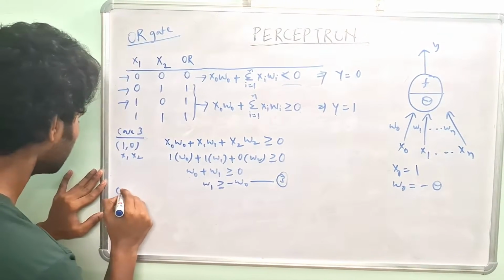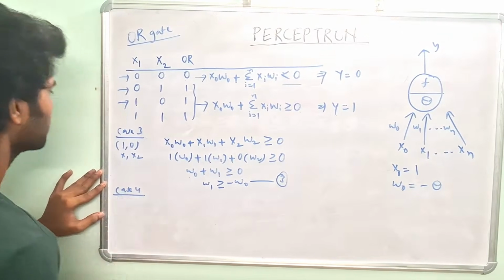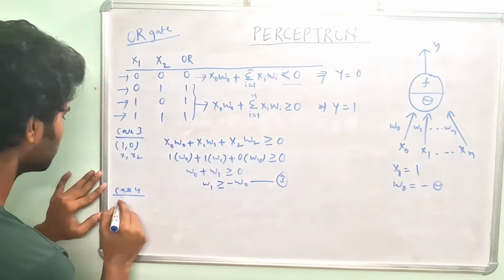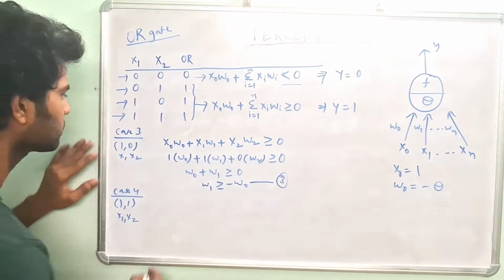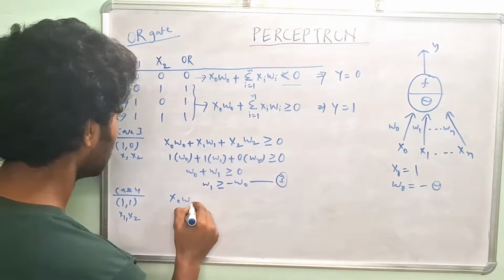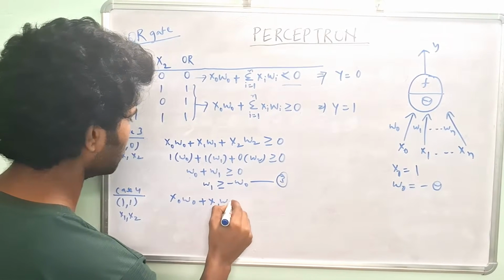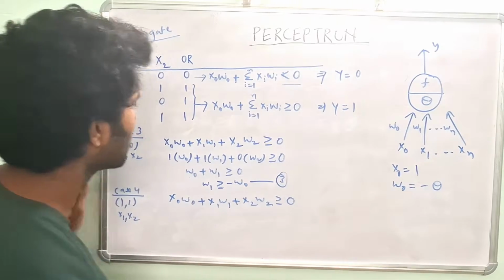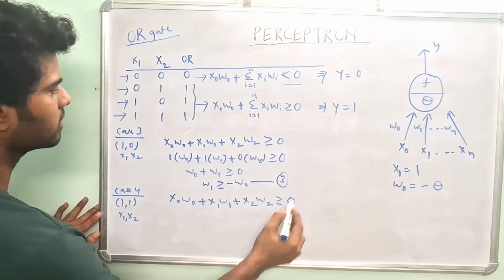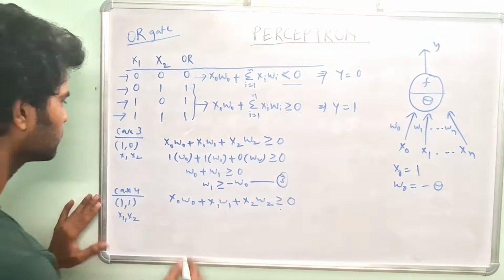Now solve case 4. In case 4 I am using this input 1 comma 1, x1 comma x2. x0 w0 + x1 w1 + x2 w2 ≥ 0.